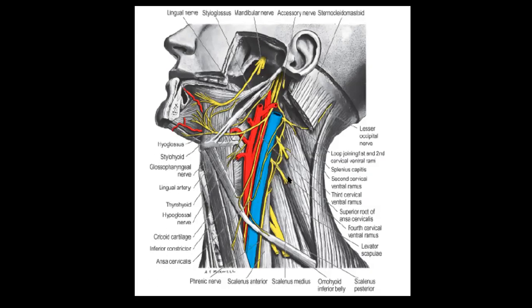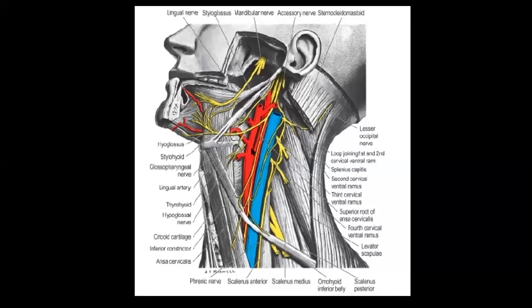These are the spinal nerves, and they all join together to form the cervical plexus. So from C1, we get 2 branches. They join together to form descendens cervicalis. Descendens hypoglossi and descendens cervicalis. So these two together form a loop.